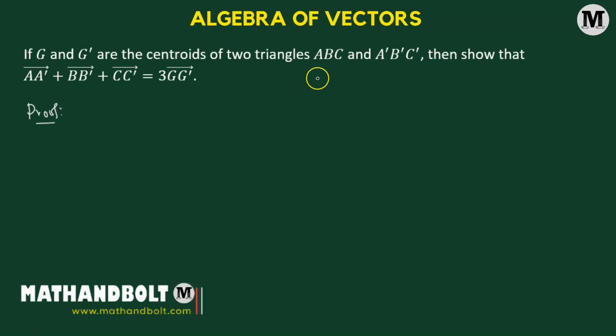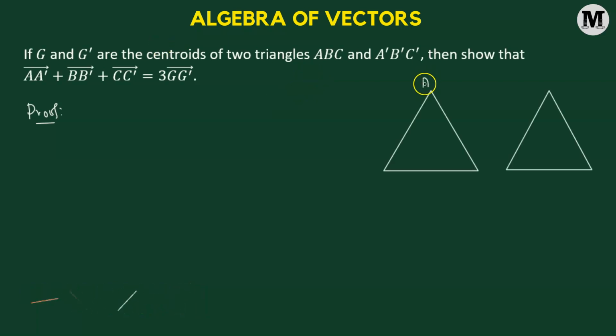So we'll be considering two triangles. We consider the triangle ABC and the other triangle having the vertices A prime, B prime, C prime. Now we will be considering a point O, which is going to be the origin of some coordinate system. Now this is going to help us define the position vector of each of the vertices of the triangle.